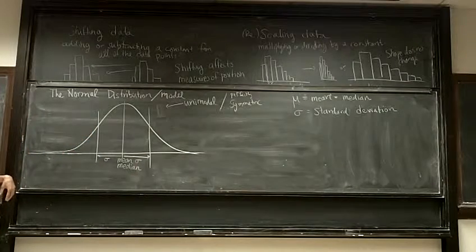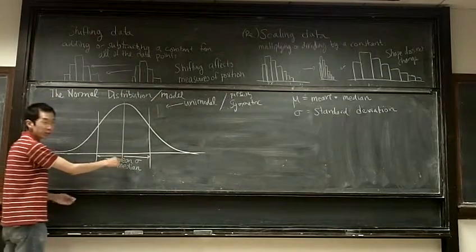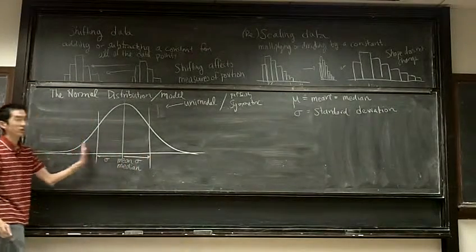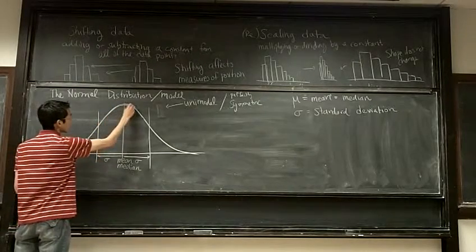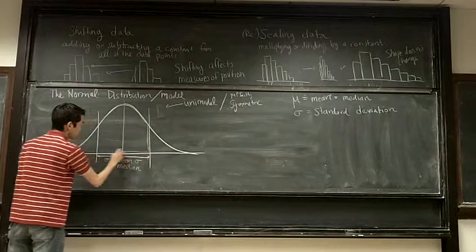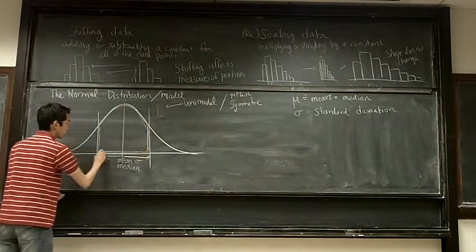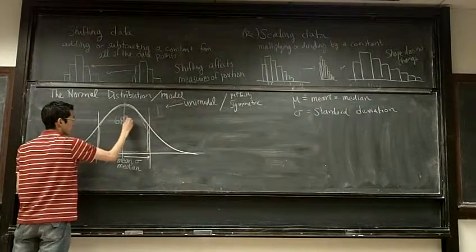If we go out one standard deviation in each direction from the mean, so we start off in the center, we go up one standard deviation, we go down one standard deviation, inside this zone here, we contain about 68% of the data.